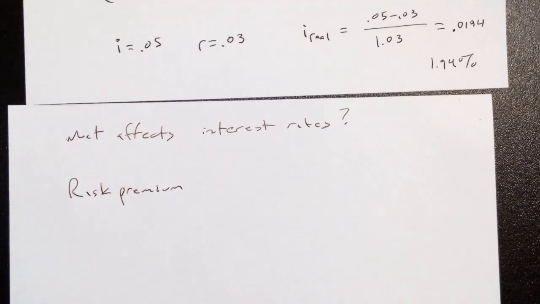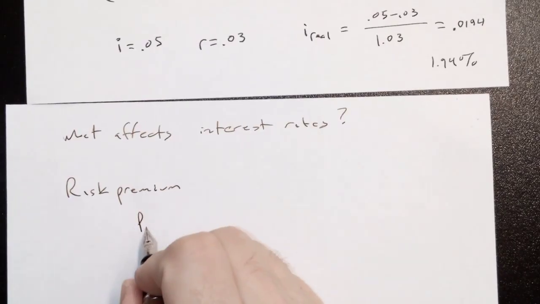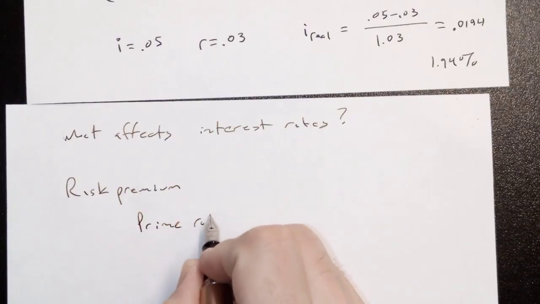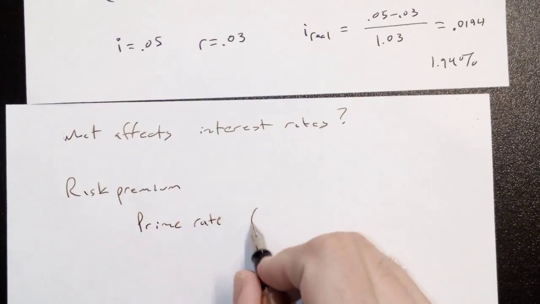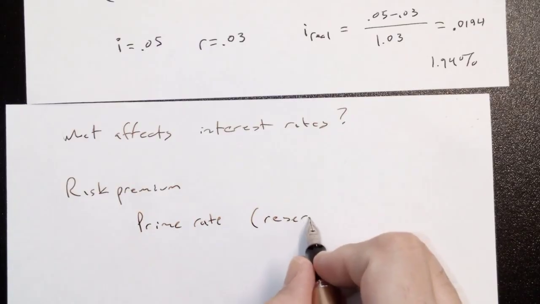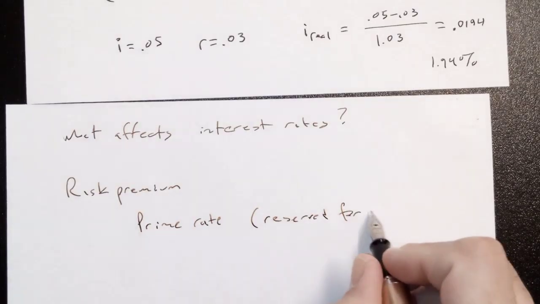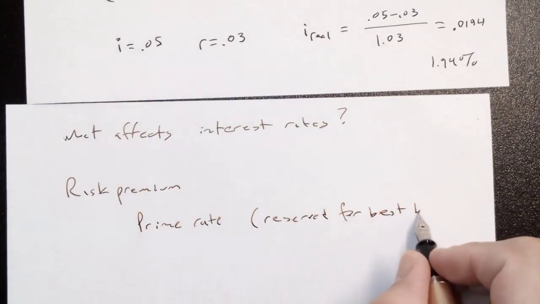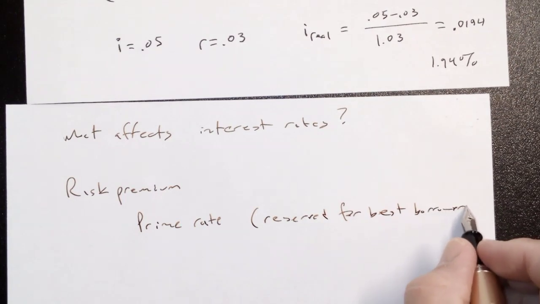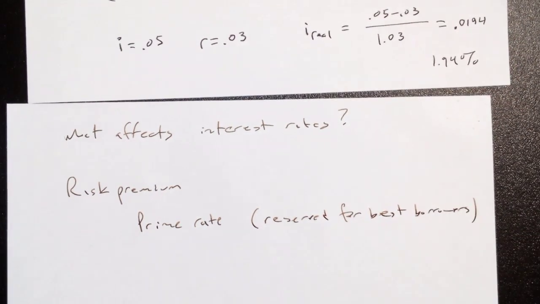The prime lending rate is for the best borrowers. Borrowers I am 100% convinced will pay me back the money. Now, usually that's the federal rate with a little bit of a cushion.